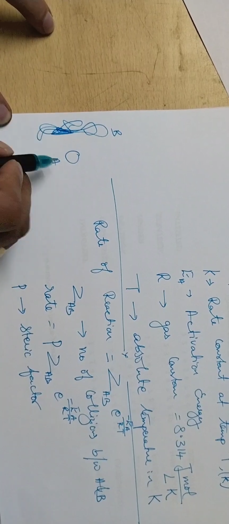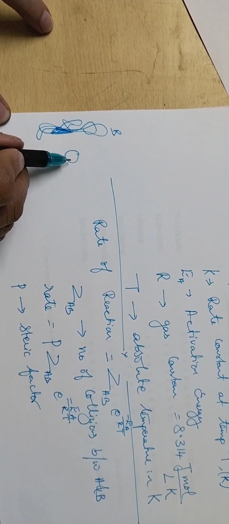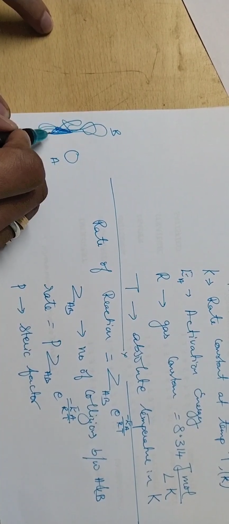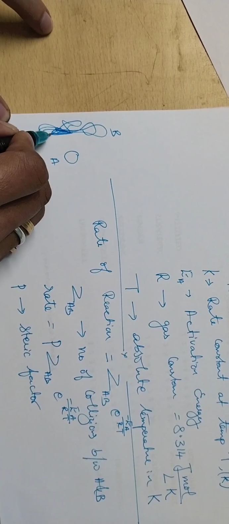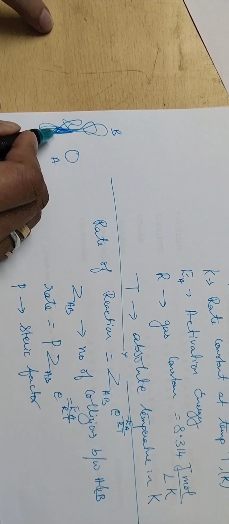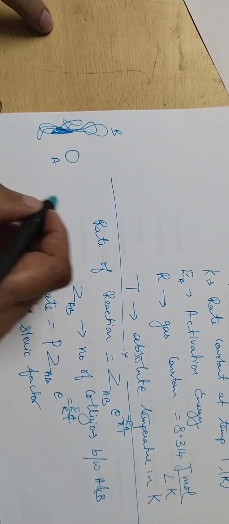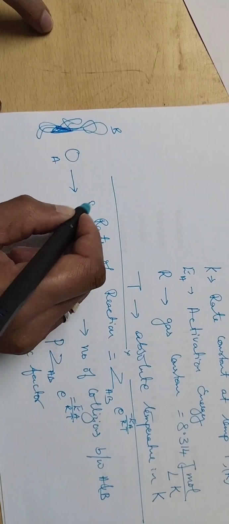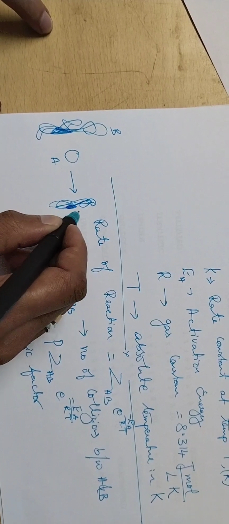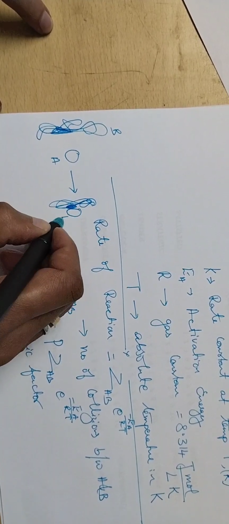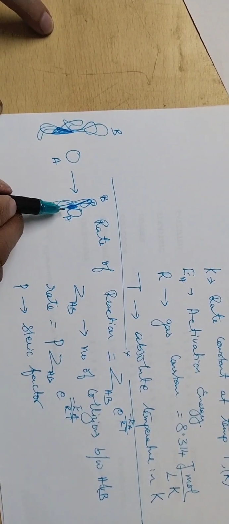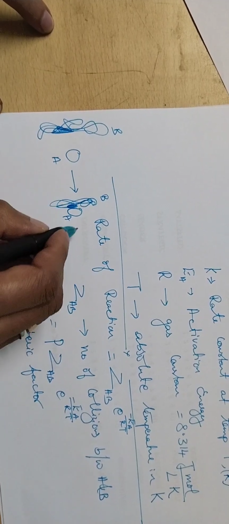If the substrate is colliding with this particular active site, only these collisions between the active site of the molecule and molecule A are going to create a product.